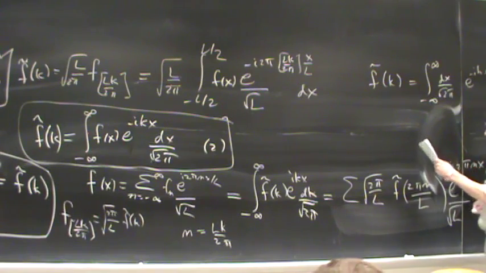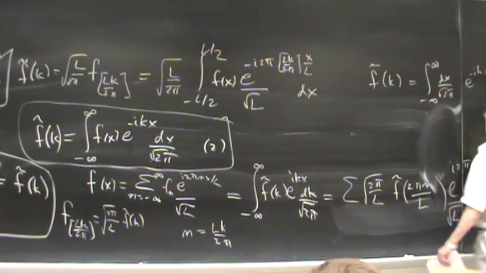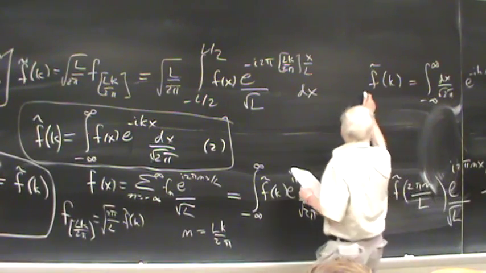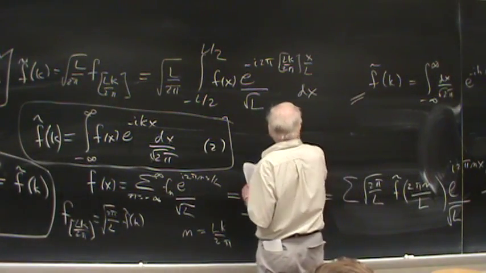Okay. Now, what you do in this kind of situation is you complete the square in the exponent. In other words, you write this as a perfect square. So to save blackboard space, I'm going to do it this way.